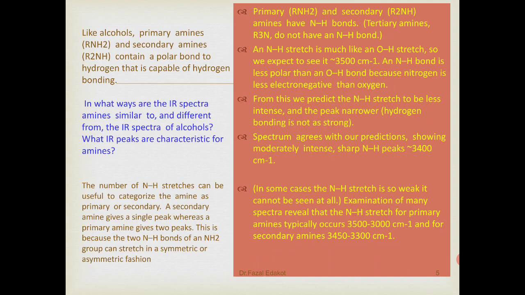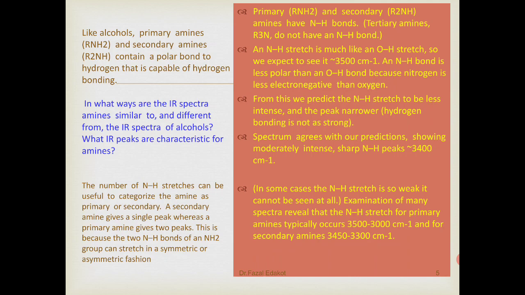Examination of many spectra reveals that the NH stretch for primary amines typically occurs somewhere between 3500 to 3000 per centimeter, and for secondary amines 3450 to 3300 per centimeter. So this value is to be noted.